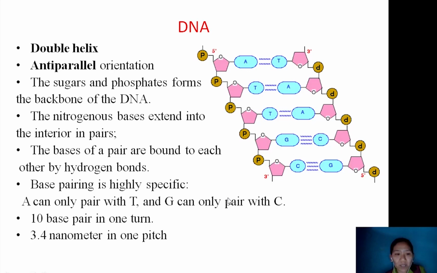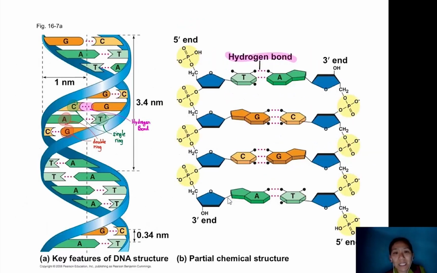Another one is this. Since we discussed that DNA is a double-stranded helically coiled structure, when they are coiled, if they turn 360-degree angle, that is one complete turn. Let us say from here to here, it is a 360-degree angle. In this 360-degree angle, the number of base pairs is 10. From here to here, you can count 1, 2, 3, 4, like this.